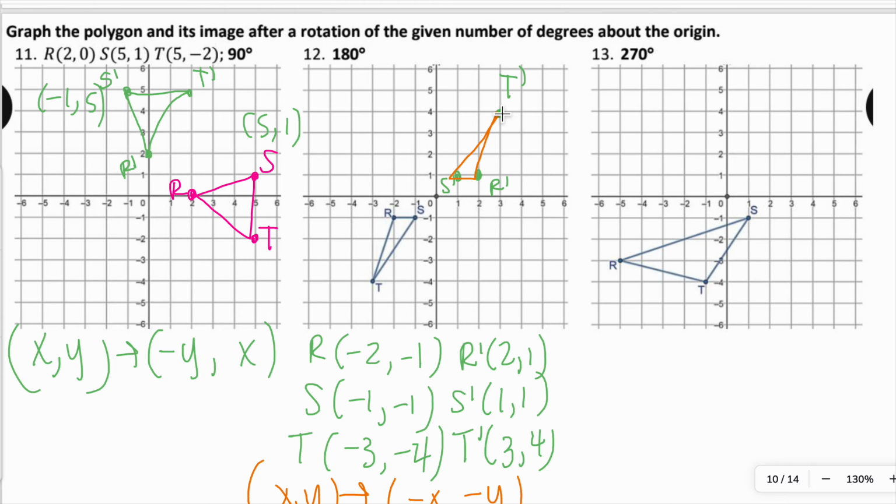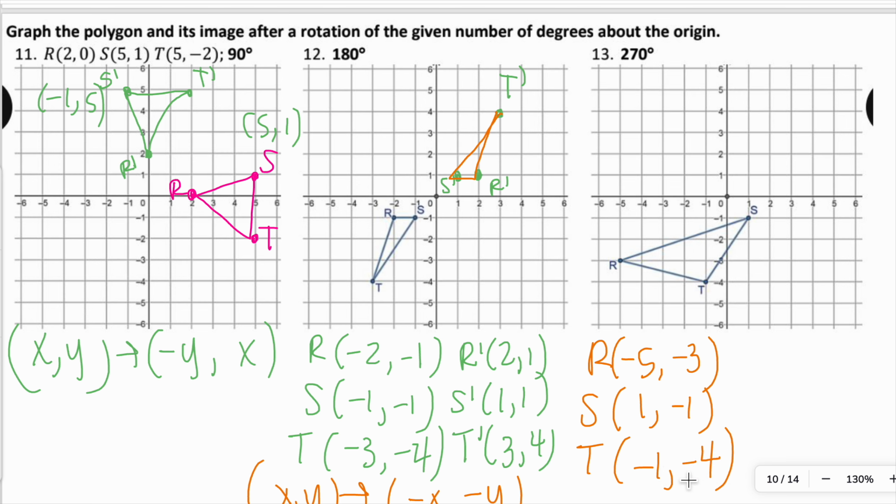Sorry for the bell. And then 270, remember that's turning your paper 270 degrees, and then replotting your points. Currently, R is at -5, -3, S is at 1, -1, and T is at -1, -4. So I'm going to think about rotating my paper 3 times. So R would be -5, -3.